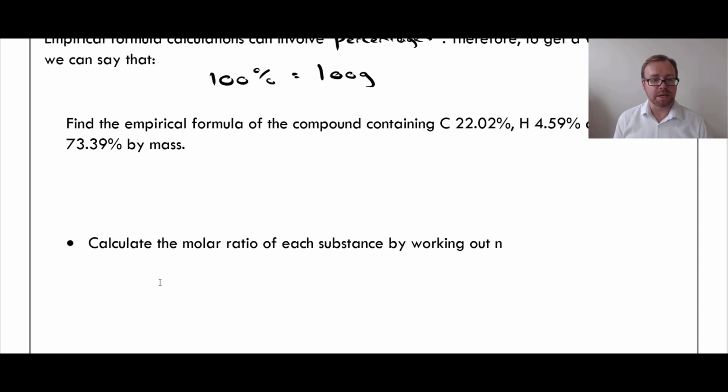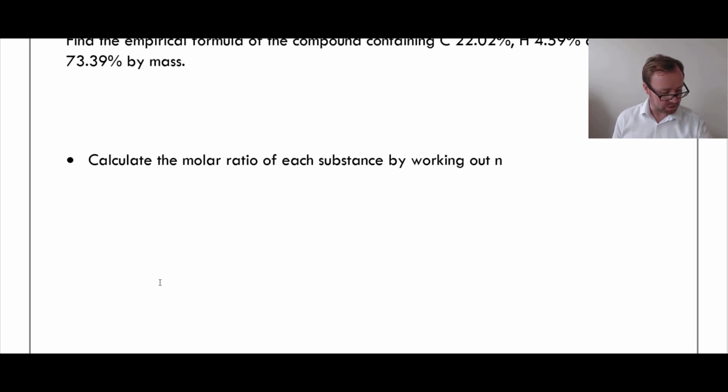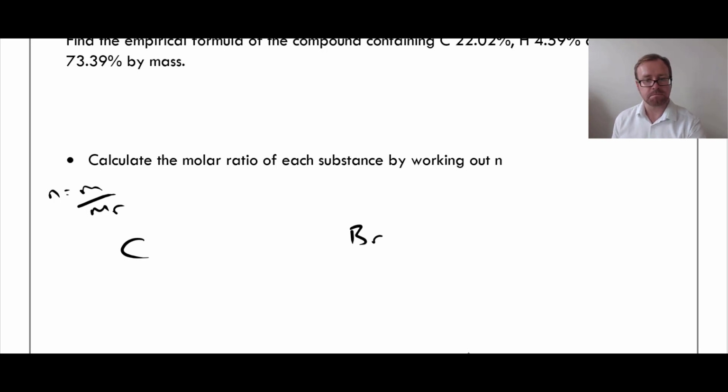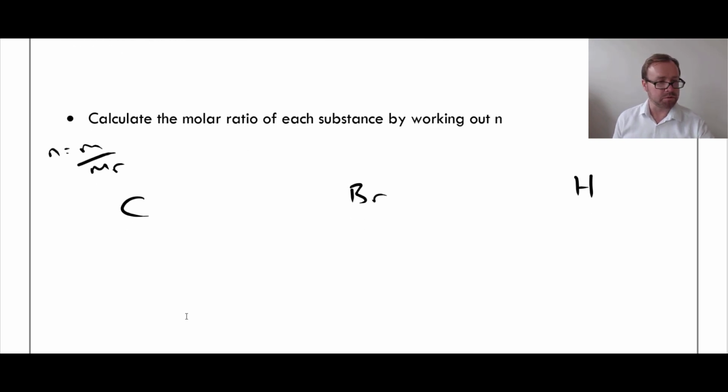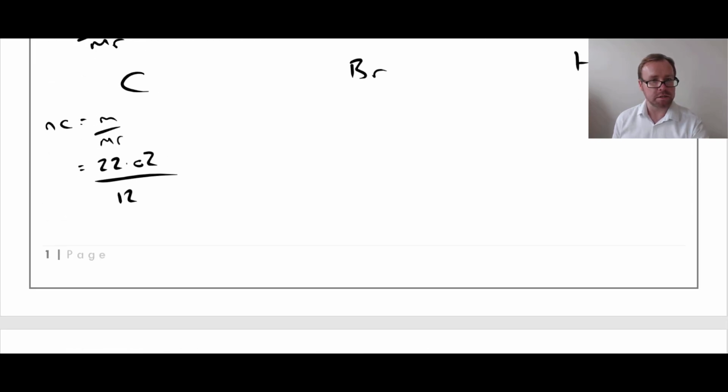Right, so the first thing we need to do is calculate the molar ratio of each substance by working out N. Well, we're going to use our formula N equals M over Mr. And I have carbon, bromine and hydrogen, and I'm going to space them out. So I can say that my number of moles of carbon equals M divided by Mr. I know my percentages. I'm going to turn it into grams, so 22.02 divided by 12 gives me this.